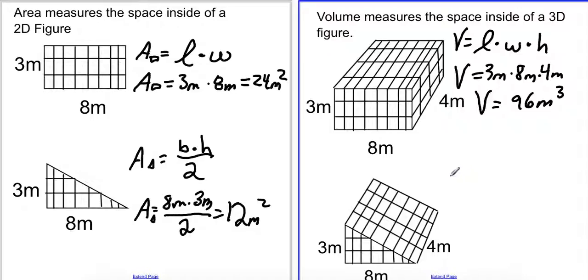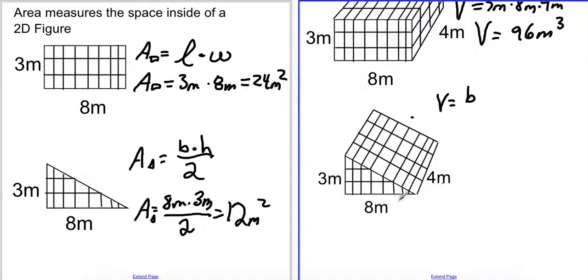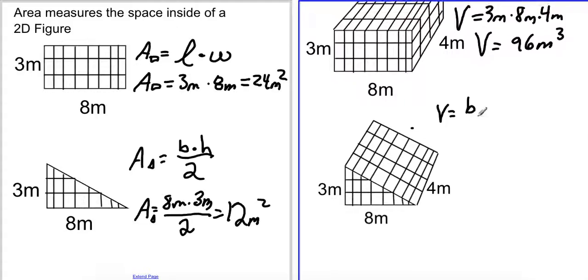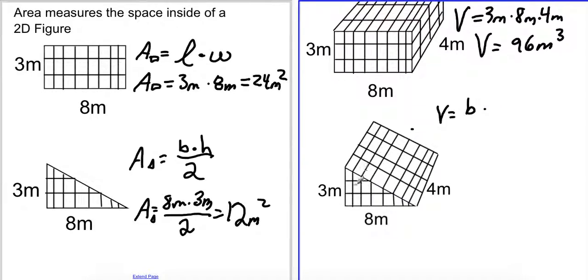Now, just like last time, we're going to be doing something very similar. So the volume for our triangular prism is going to be the base, which is our bottom value, if you can see right over here. It's actually this 8 meters over here. So our base times the height of our triangle.